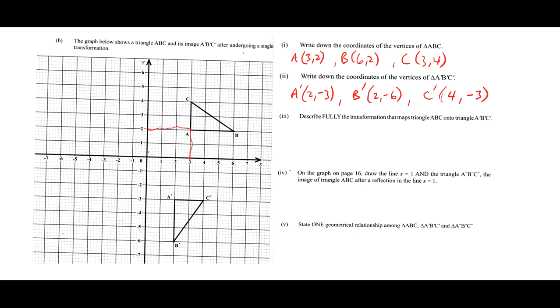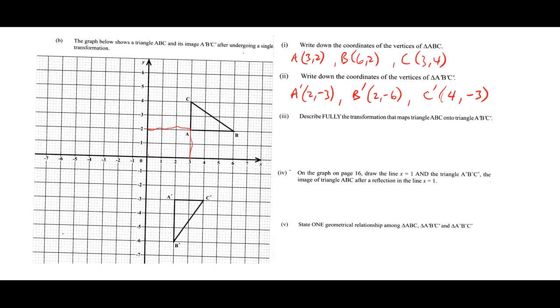Now I did this question on an actual graph paper using a pair of compasses. So if we look at ABC and its image, realize that's not enlarged, so it's not an enlargement. It's not a reflection, right? So my next guess would have been a rotation. Now, if you think it's a rotation, then it must be rotated about some point.